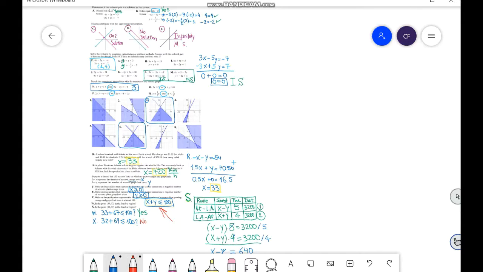Okay, F2. If you check here, G is going to be negative 2 and 1. H is going to be negative 4 and 5. I is going to be 1 over 2 and 1 over 4.